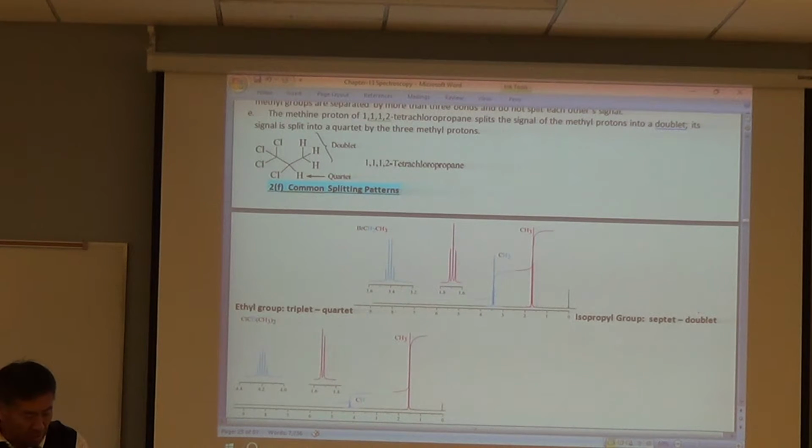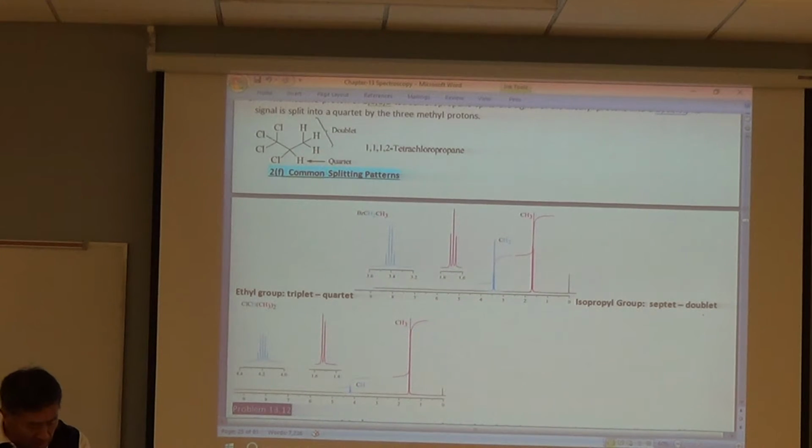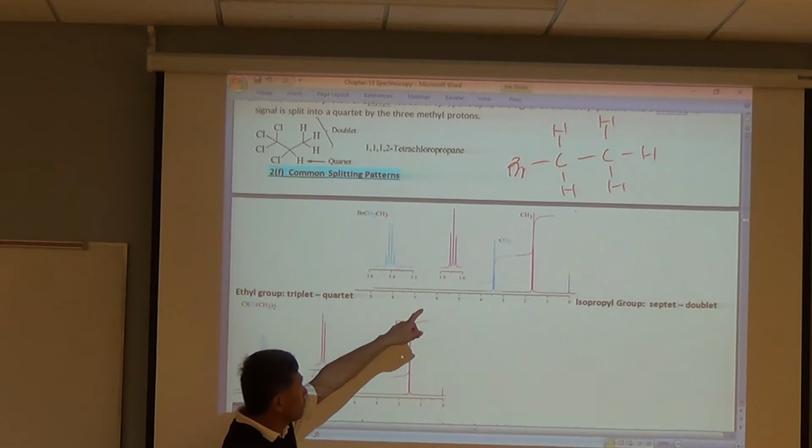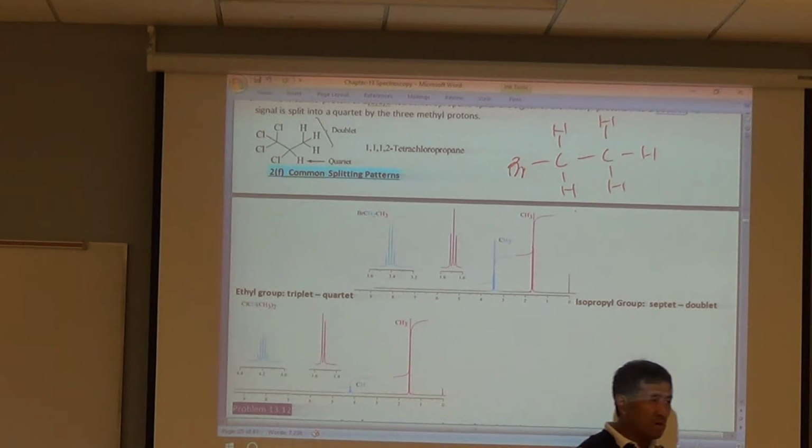One pattern is the ethyl group splitting pattern, the triplet and quartet. You see it when you have, for example, an ethyl bromide, with this C and C, this 3H and this 2H. The Br is the more electronegative group.